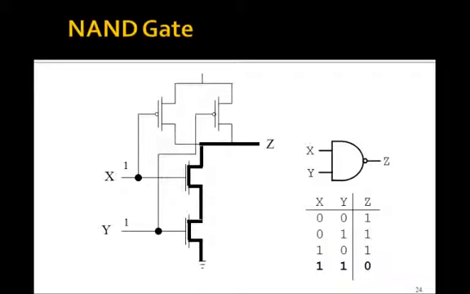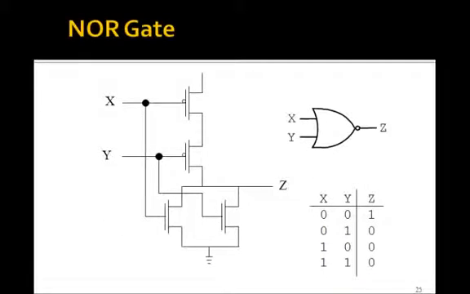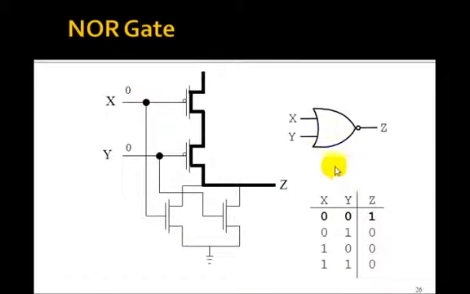Well, how can we make an AND gate? Well, before we look at that, let's look at a NOR gate, which is we take the 2 PMOS ones and put them in series to 5 volts, put the 2 NMOS ones in parallel to ground. I claim this is going to give you a NOR gate. Let's see if it does.